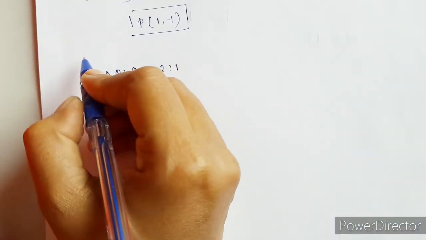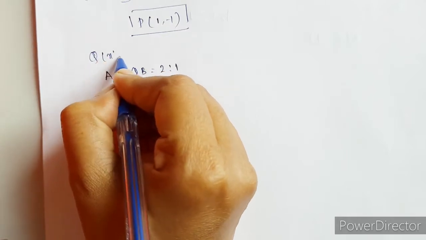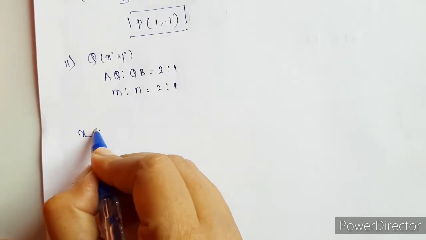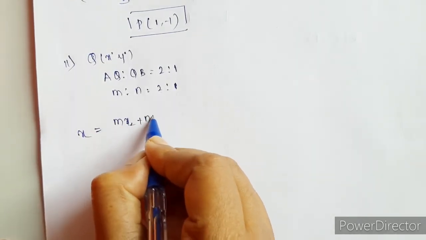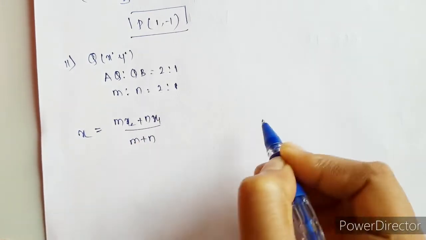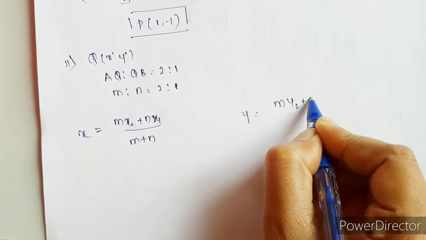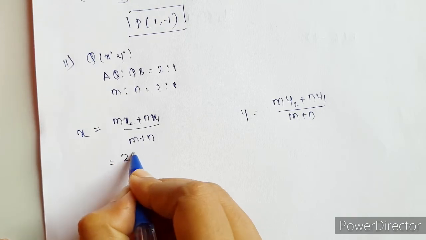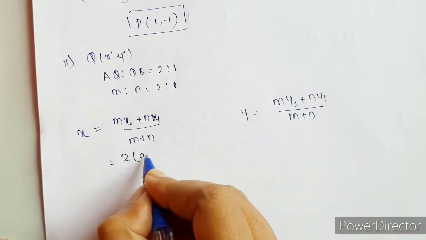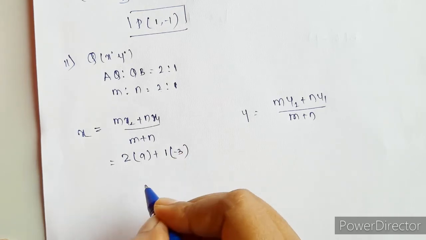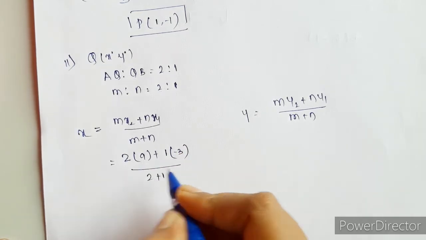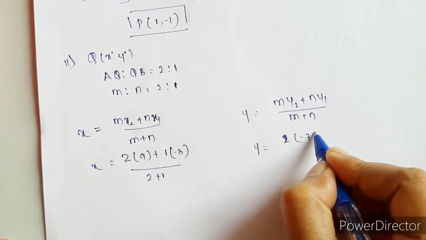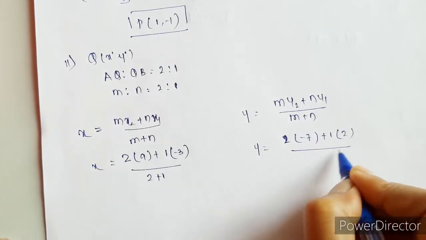Now we are finding the coordinates of Q, that is x dash y dash. Again the same formula: x is M x2 plus N x1 upon M plus N, and y is M y2 plus N y1 upon M plus N. So M is 2, x2 is 9, plus N is 1, x1 is minus 3, upon M plus N. Similarly for y, M is 2, y2 is minus 7, N is 1, y1 is 2, upon 2 plus 1.